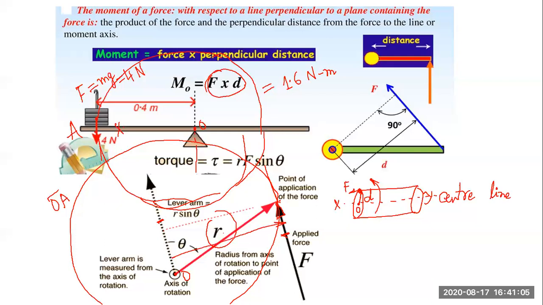Whenever I want to find the minimum distance, it will be the perpendicular distance between two parallel lines. This is a line parallel to the force F, but this is the line of axis. This is the point O.